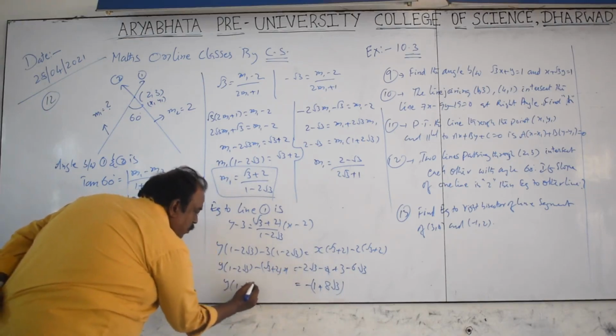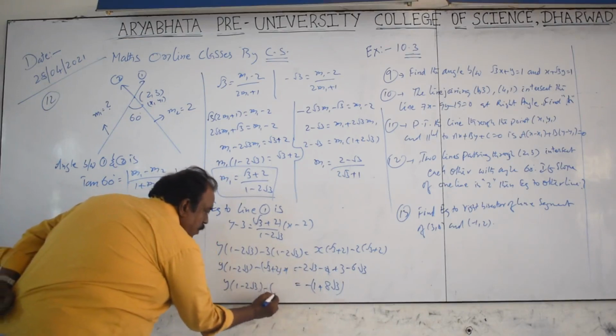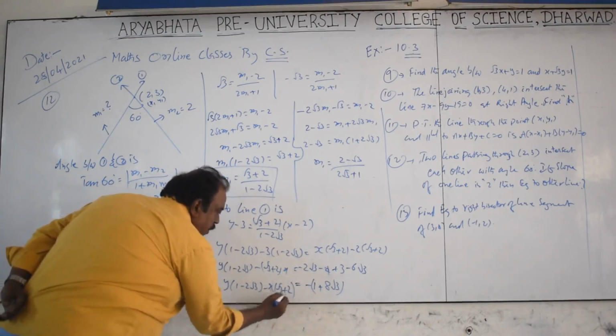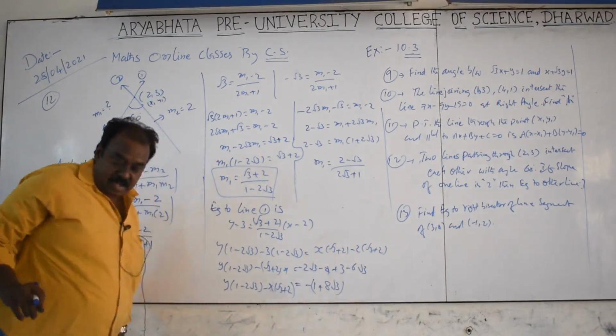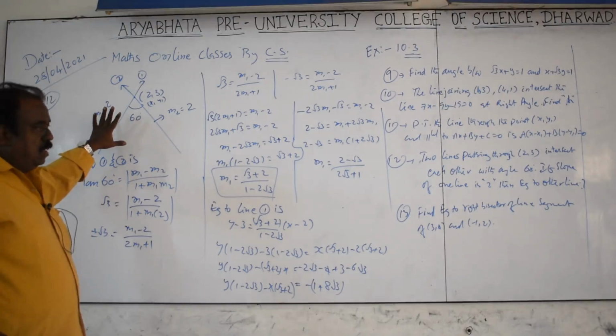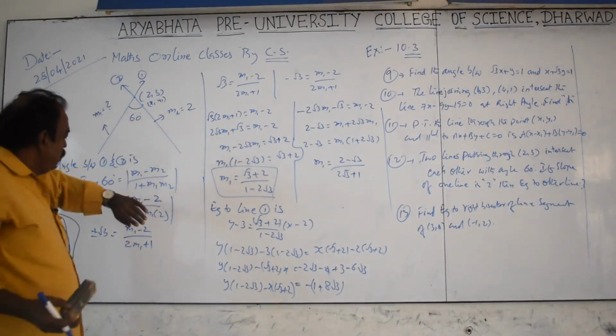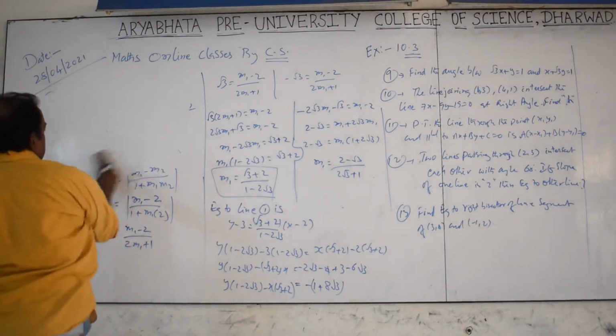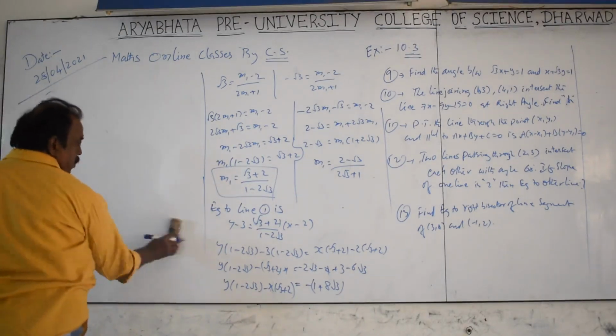Y of (1 minus 2 root 3) minus x of (root 3 plus 2). I will write clearly. This diagram is okay? I am erasing and writing here only, the continuation.